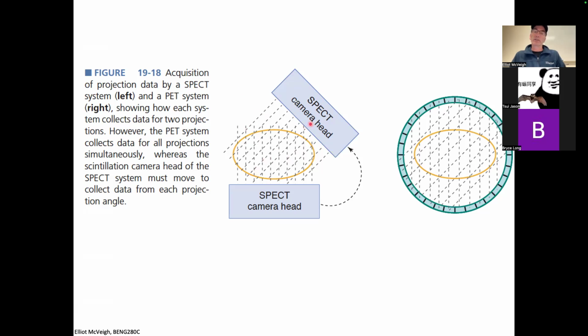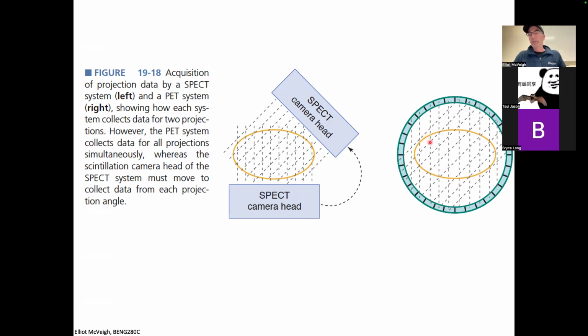We only took the ones coming in perpendicular to the anti-scatter grid. In PET, we can just leave everything open and sample with high enough frequency that we can detect coincidence, and then make these lines afterwards just by resorting everything.